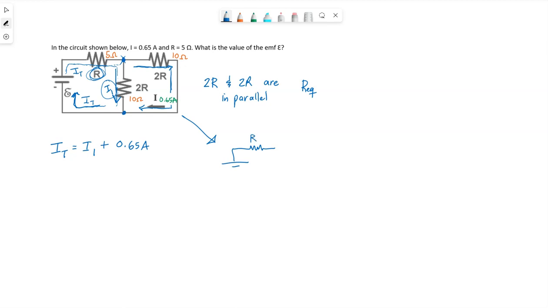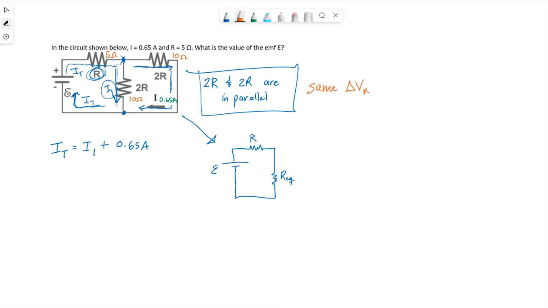We could say that we would then have just R, and then we would have this equivalent over here, which then would come back to the battery. But I don't need to do that. The reason why is because in parallel, I know they must have the same potential difference.